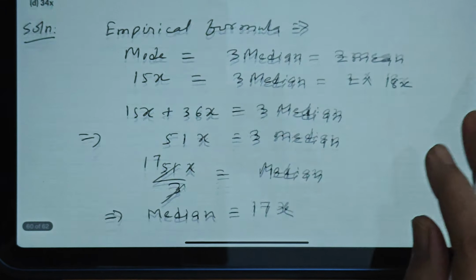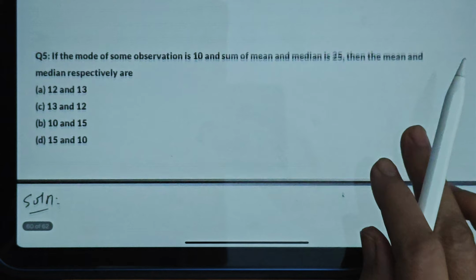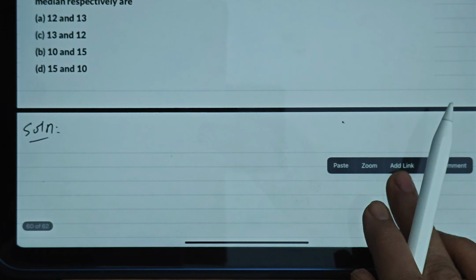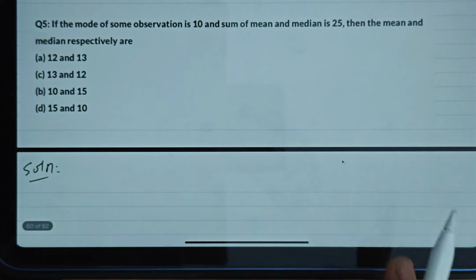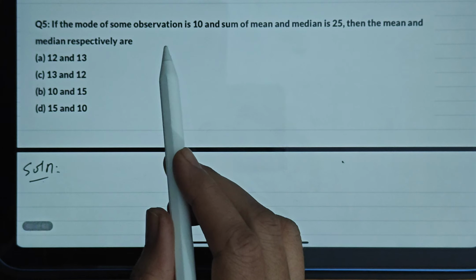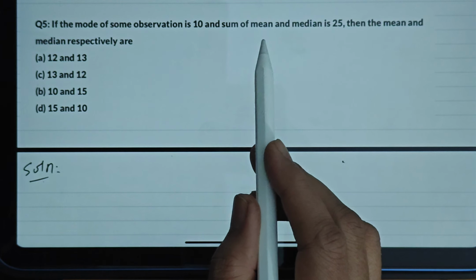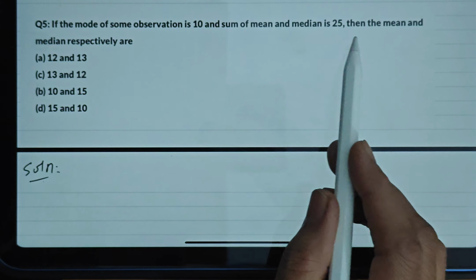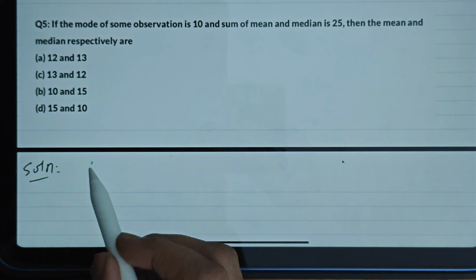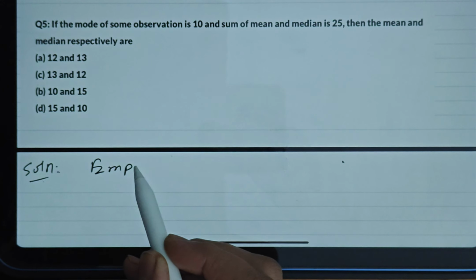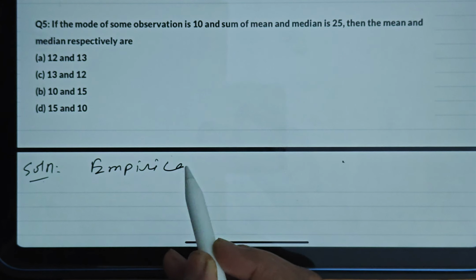Okay, now come to the fifth part of the question. Question is this. Okay, if the mode of some observation is 10 and sum of mean and median is 25, then mean and median respectively. This is also empirical formula. Once again, repeating question, empirical formula.